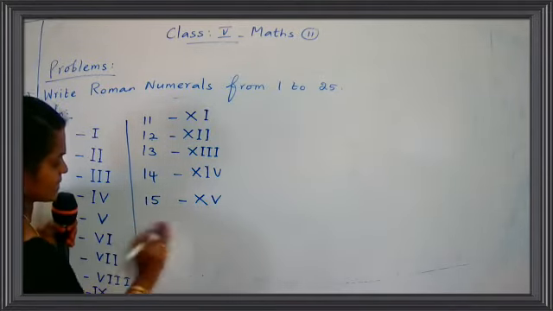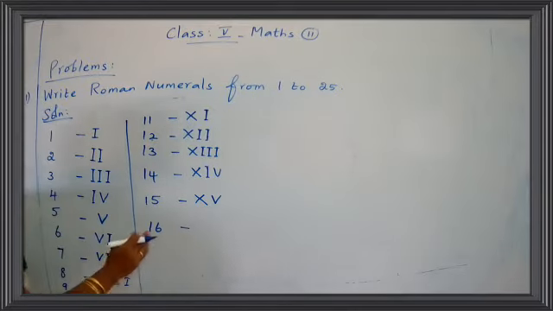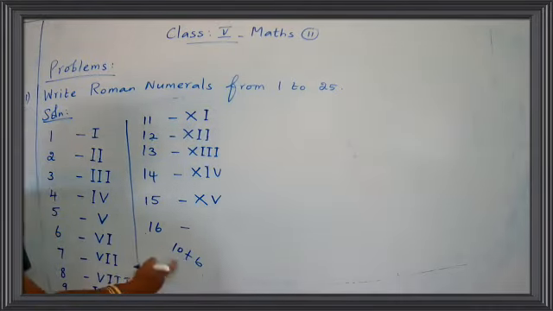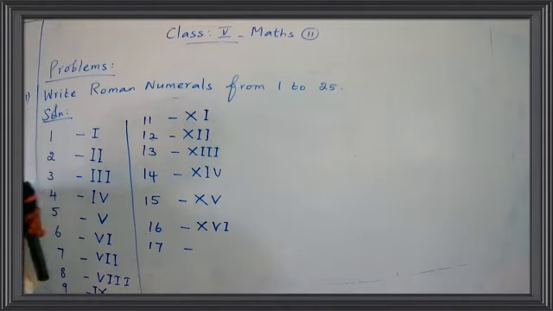Next is 16. 16 can be written as 10 plus 6. Yes, children. 10 means X, and 6 is VI. So XVI stands for 16. Now next is 17. 17 can be written as 10 plus 7.